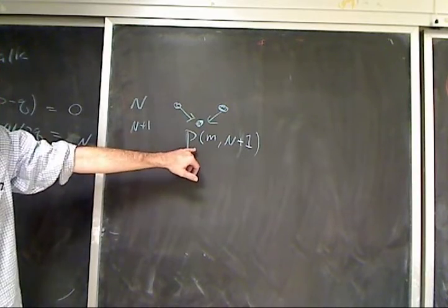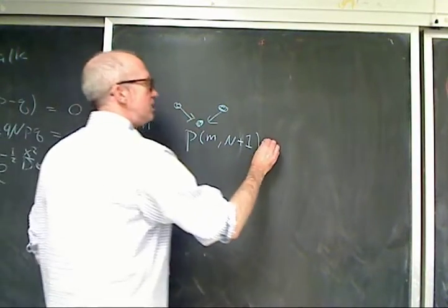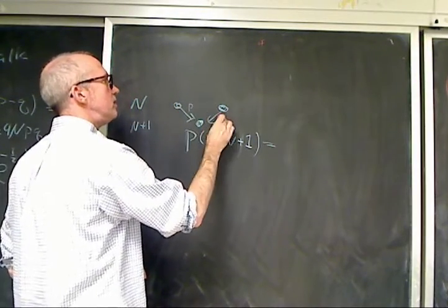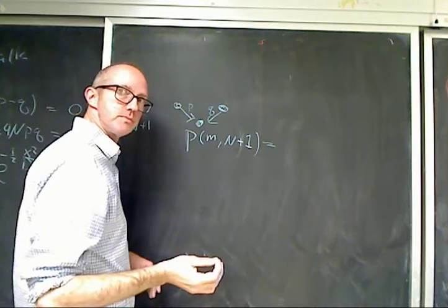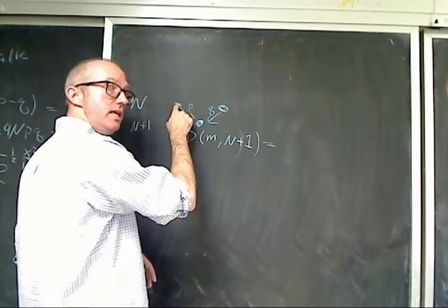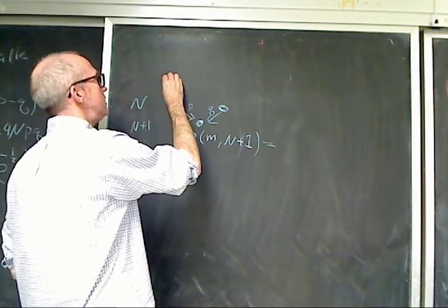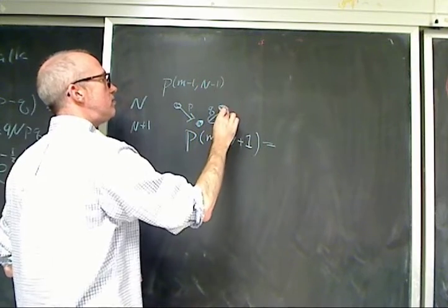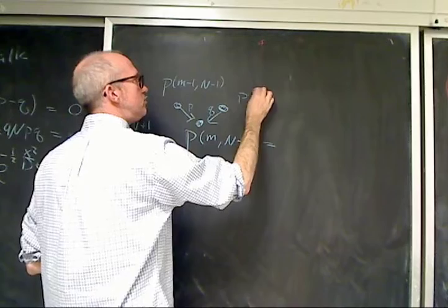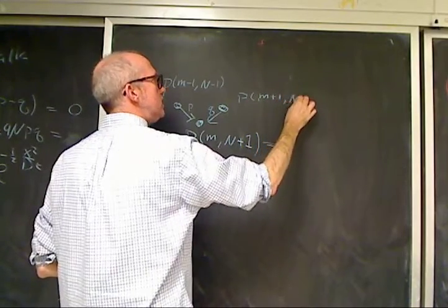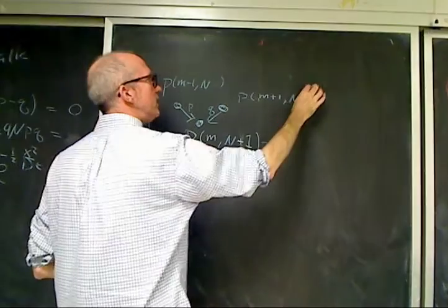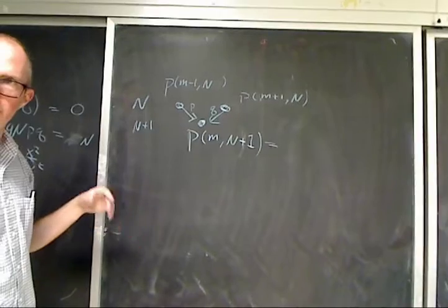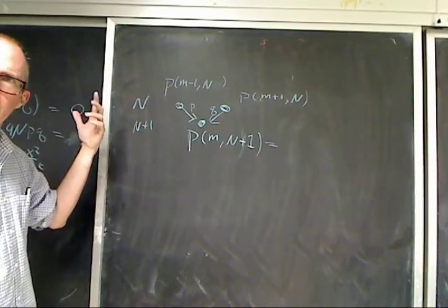So the probability of moving this way is P. The probability of moving this way is Q. The probability of being here is P of m minus 1, n. And the probability of being here is P of m plus 1, n. Sorry, we're not calling that n minus 1, we're calling that n. This one is n plus 1. I could call this n and this n minus 1 and everything works out just fine. Doesn't matter. Does everybody follow this so far?